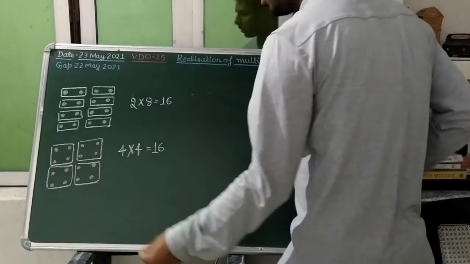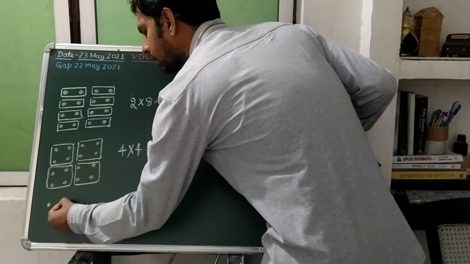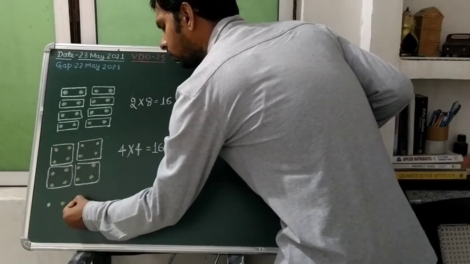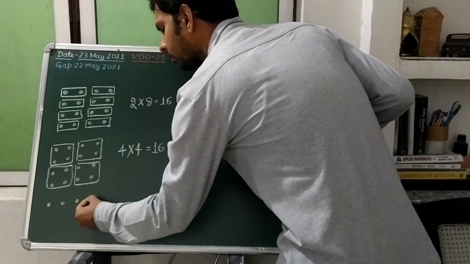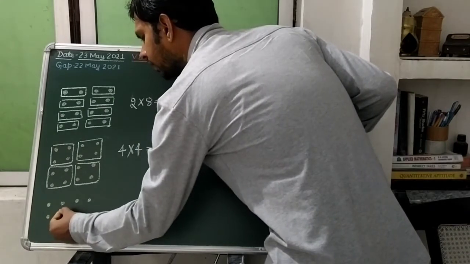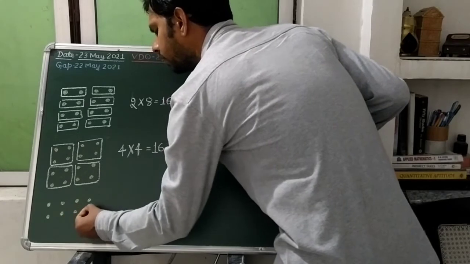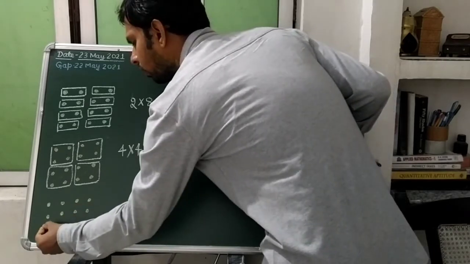So once again, we are getting an array of 16 dots, isn't it, students? We have grouped them in pairs, or we can say 2 dots, and in 4 dots.